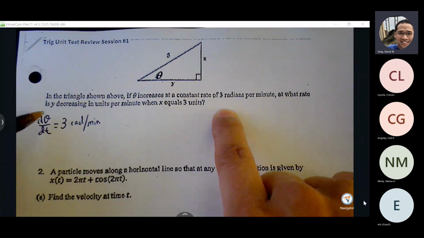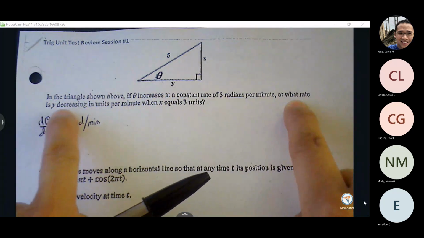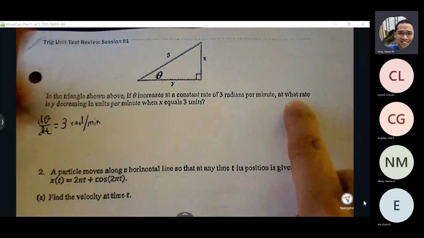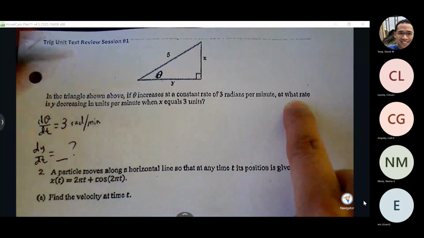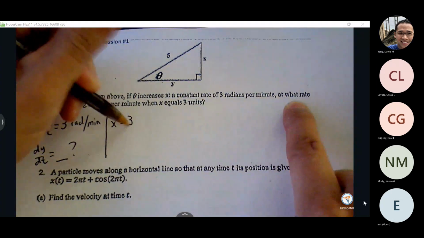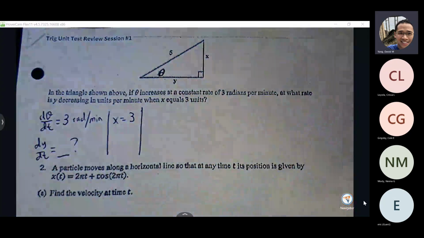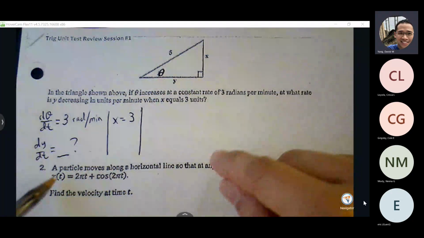At what rate is y decreasing? So we're looking for what? dy dt, okay? When x equals 3 units. Okay, so those are all the information that we have. So we're looking for dy dt.